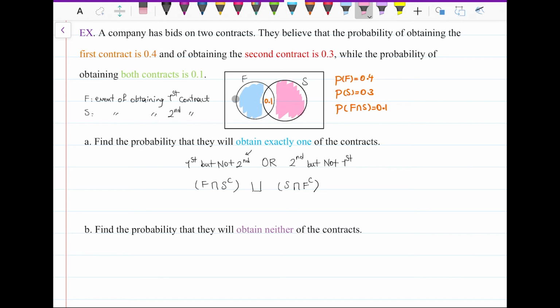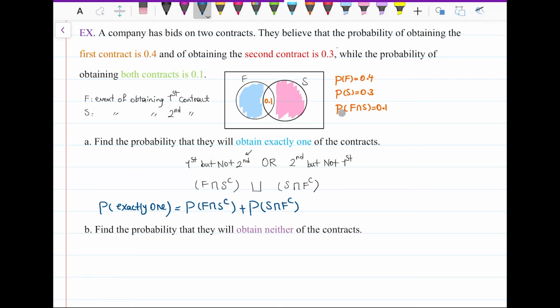So whenever we have disjoint or mutually exclusive events, we can add their probabilities. So what we want is probability of F intersection with S complement plus probability of S intersection with F complement. This is the probability of exactly one contract.